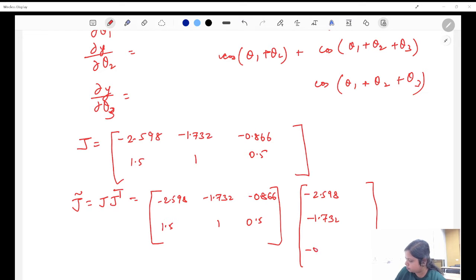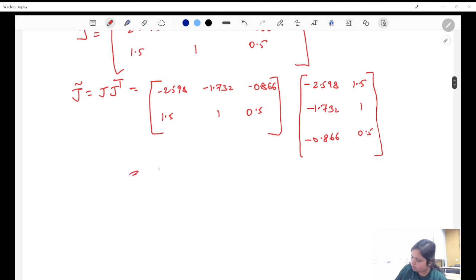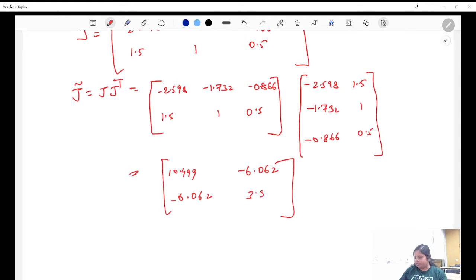When you multiply both of them, you will get approximately 10.499, minus 6.062, minus 6.062 and 3.5. Check the determinant of this; you'll get it to be 0.